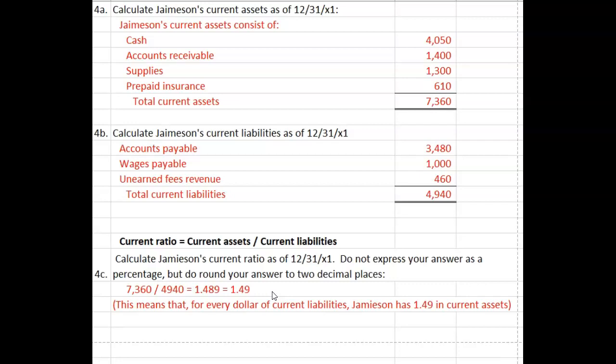This means that for every dollar of current liabilities, Jameson has $1.49 in current assets. That's a relatively strong position for a company. They have almost 50% more in current assets than they have in current liabilities.